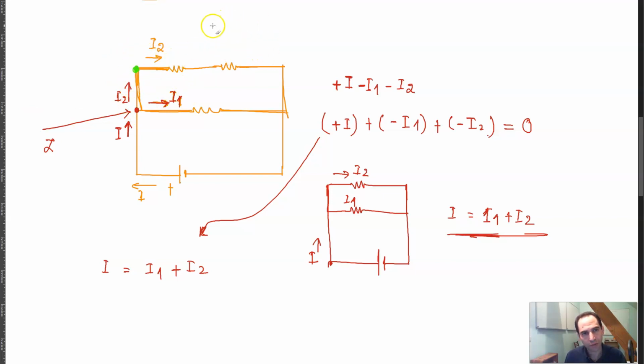If I take I2 coming in as positive, and I2 going out as negative, that is supposed to be equal to 0, which mathematically makes sense, since I2 is equal to I2, which is of course true, right? So that's Kirchhoff's first law, or KCL. Okay.